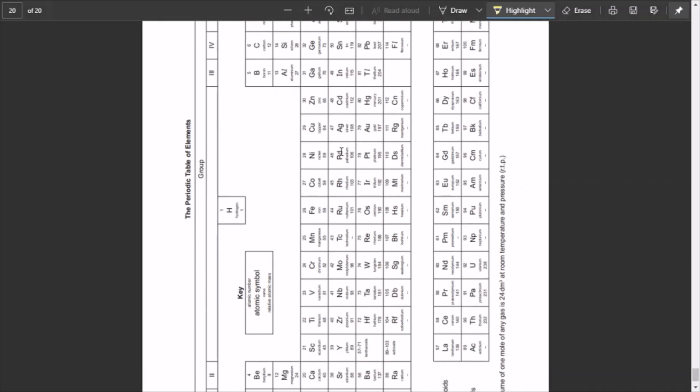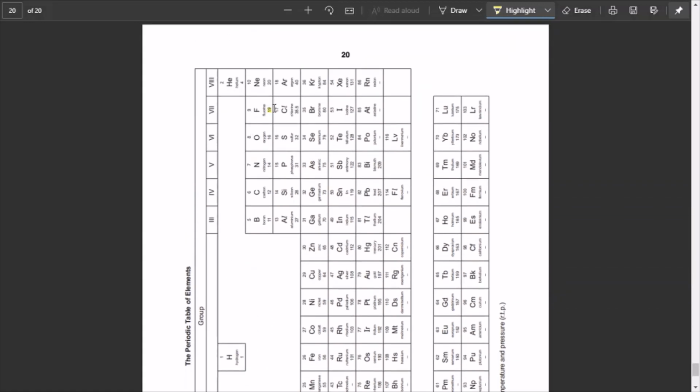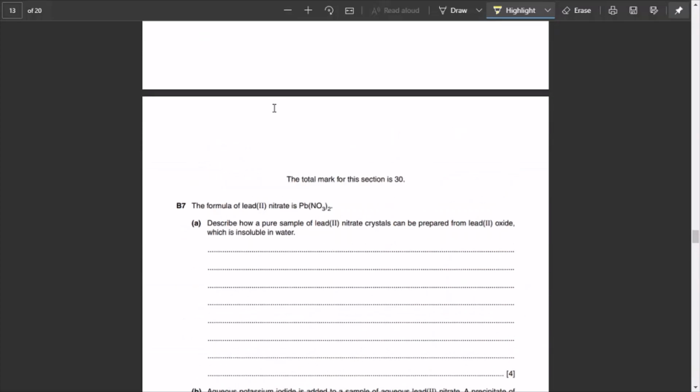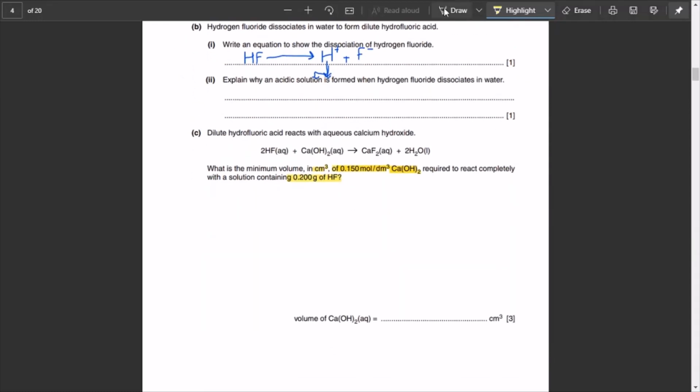Fluorine is 19 and hydrogen is 1, which is the Mr. Mr of HF is going to be 20.